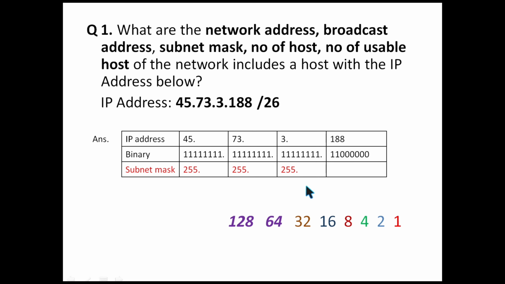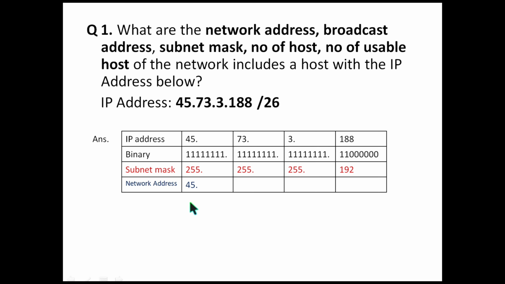In this way each bit has its corresponding value, doubling each time. So we have to find the subnet mask by using this binary number. There are 2 ones, so we sum up these 2 numbers, that is 128 plus 64, that is 192. If there are 3 ones, then we sum up these 3 numbers. If there are 4 ones, then we sum up these 4 numbers. In this way we find the subnet mask value.